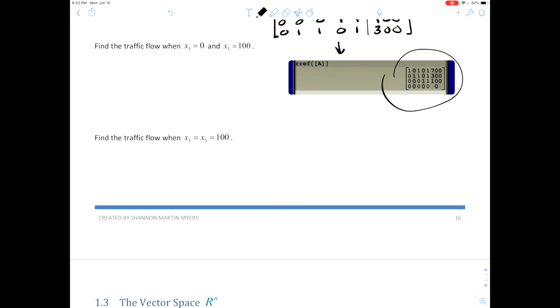I mean, this corresponds to the system x1 plus x3 plus x5 is 700. x2 plus x3 plus x5 is 300. And then x4 plus x5 is 100. And we don't need that bottom row of zeros in our system.